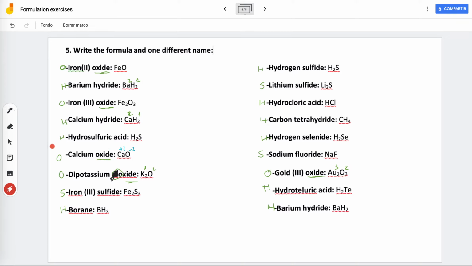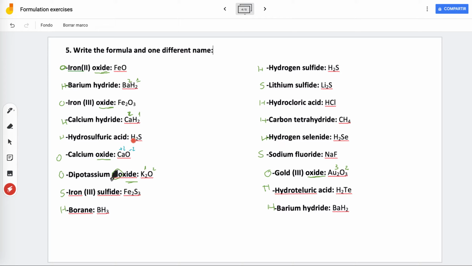Hydrosulfuric acid. Check this out, because this hydro goes first. Yes, like in here, hydro first, with this one. Hydro first. Yes, hydrogen sulfide first. Okay, hydrogen selenide, first hydrogen.